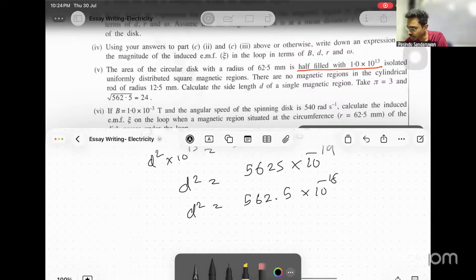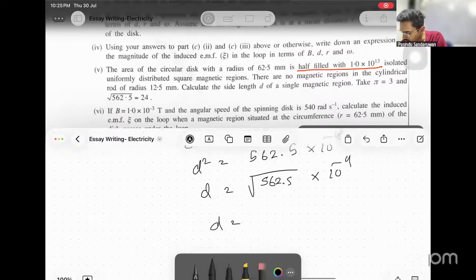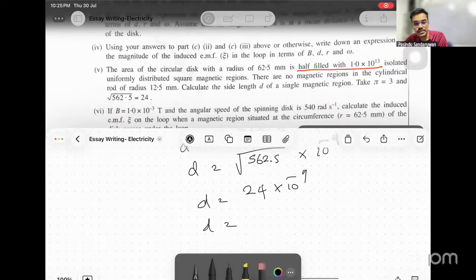Then d is the square root of this: the square root of 562.5 is given as 24, and the square root of 10 to the power minus 18 is 10 to the power minus 9. So d is 24 times 10 to the power minus 9. See how nicely it's coming. Minus 9 means nano, so we can keep it as 24 nanometers. Nice calculation.